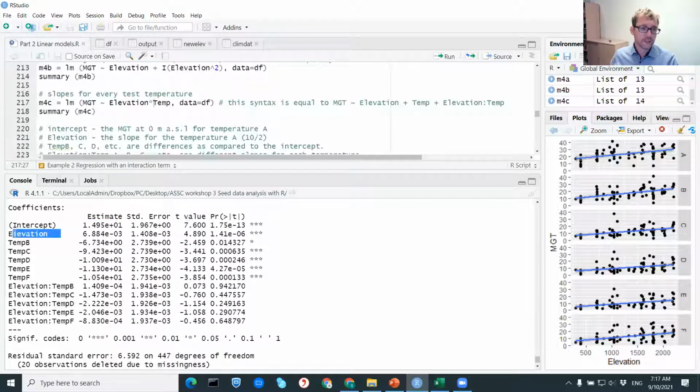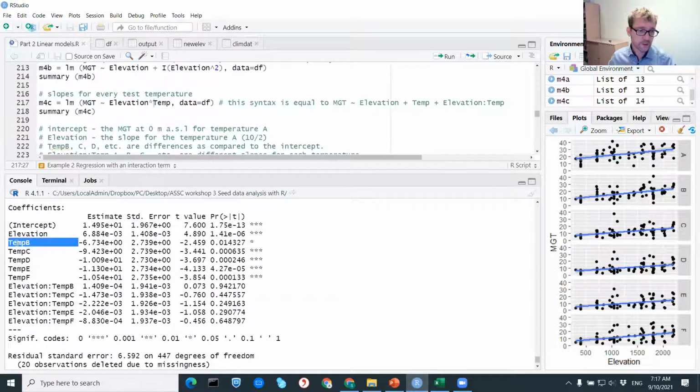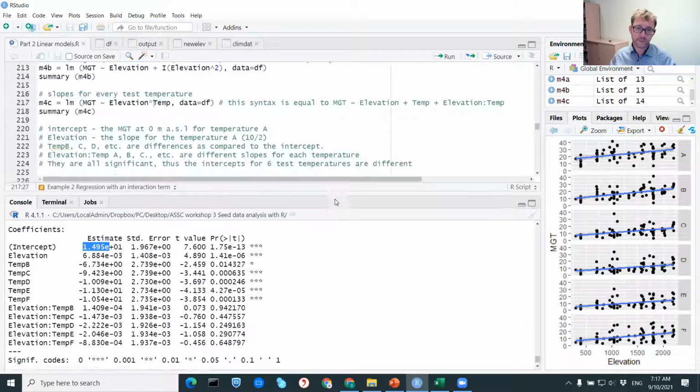The second line, elevation, is a slope for the temperature A, and it's hidden here. And the rest are the differences, similar to our example when we compare different groups. This temperature B is a difference in the intercept estimate to the temperature A. So the temperature A was set here as a reference group.